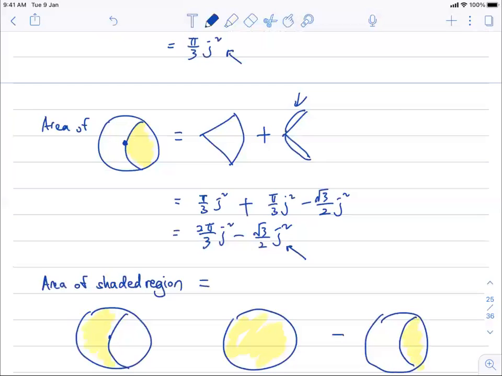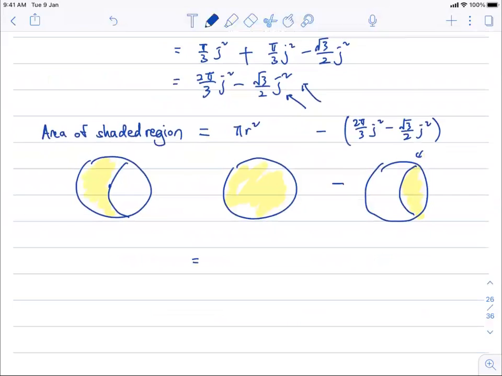So for the area of a full circle, we can use the formula pi r squared. Minus this thing, we get from this part, which is 2 pi over 3 J squared minus root 3 over 2 J squared. It becomes pi J squared minus 2 pi over 3 J squared plus root 3 over 2 J squared. Becomes pi over 3 J squared plus root 3 over 2 J squared. So this is the area of the shaded region.